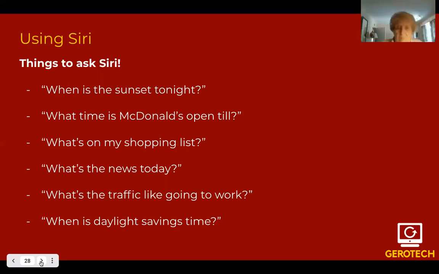For me, my shopping list is under my reminders. So every time I go to the store, I usually buy the same things, and it just creates a list. And then you uncheck it if you want it, or if you purchased it, you just close out the item, and it'll just keep your list continuing.